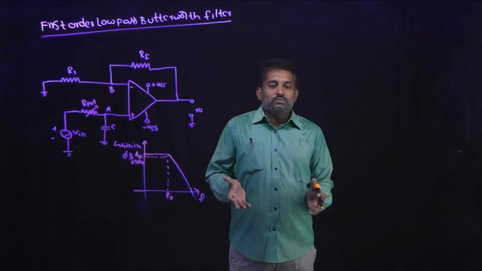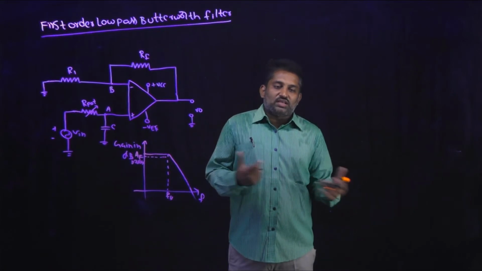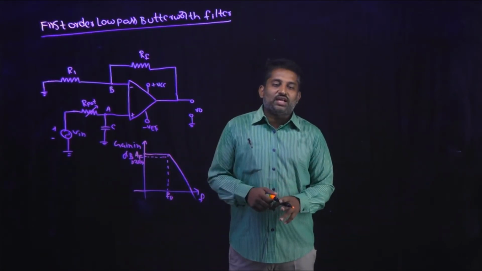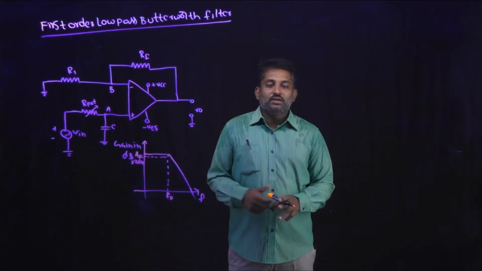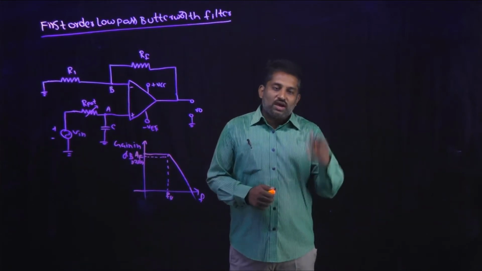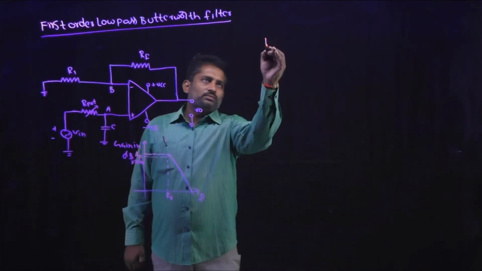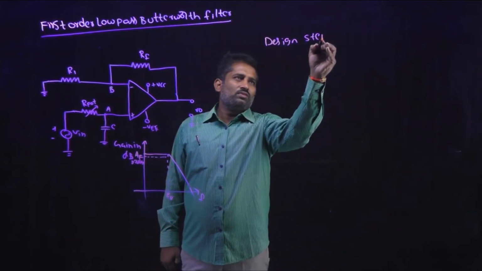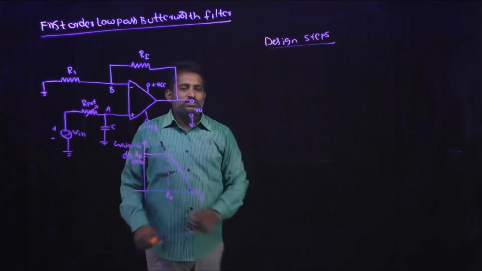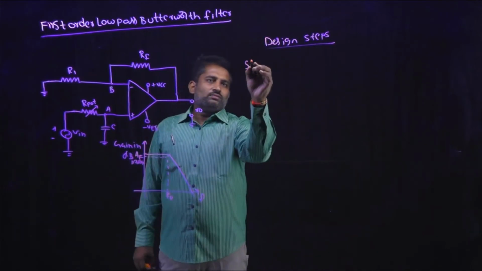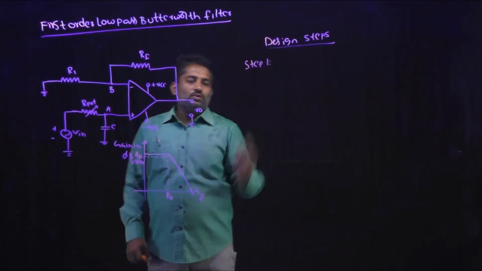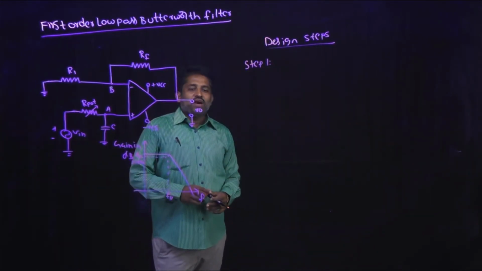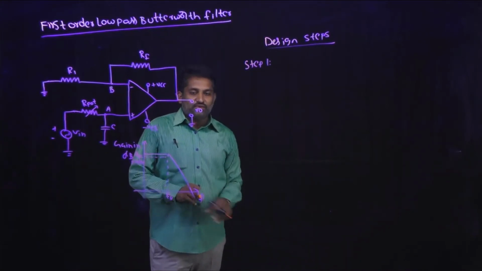In the problems, whenever they ask us to design the first order low pass Butterworth filter, you have to use the following steps. Design steps. Step 1: Choose the cutoff frequency from the given frequencies.